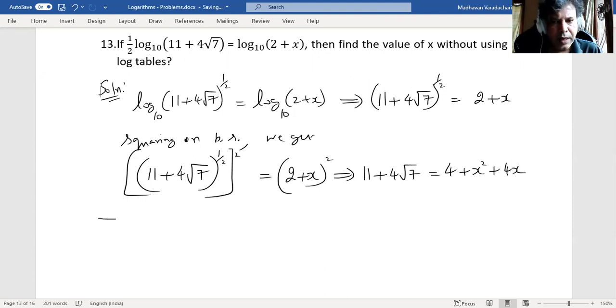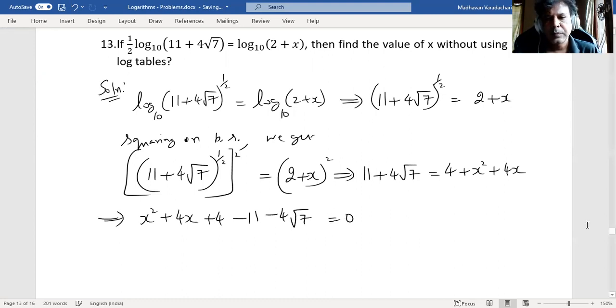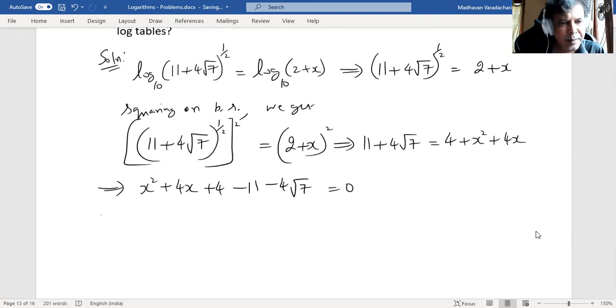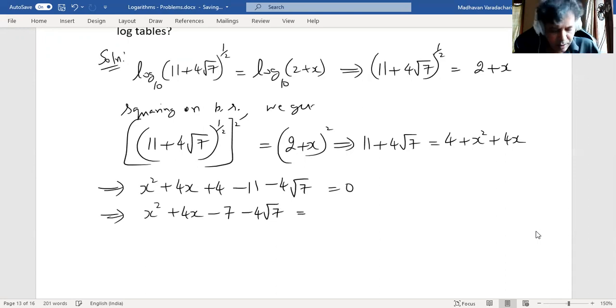So now we have x square plus 4x plus 4 minus 11 minus 4 root of 7 equal to 0. Let us further simplify this. x square plus 4x, and this will become now negative 7 minus 4 root 7 equal to 0.